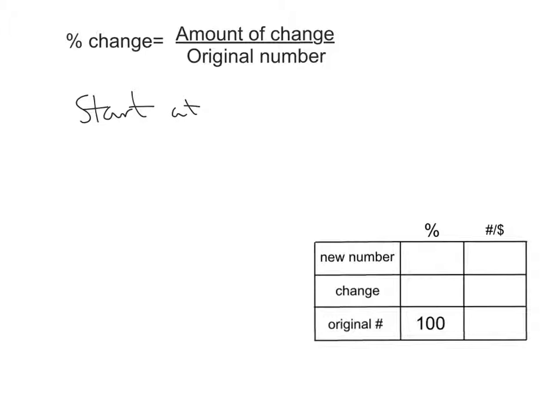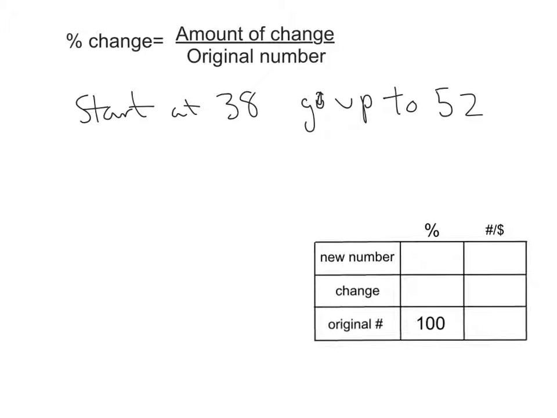at 38 and go up to, let's say, 52. This basically says you have a problem where you have a starting or original number at 38 and you're going to move up a certain amount.